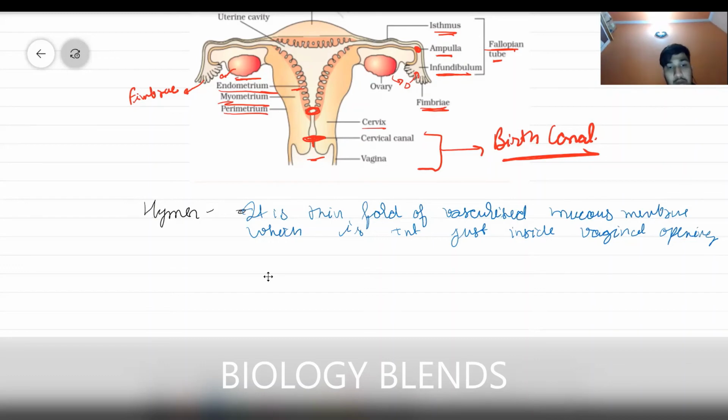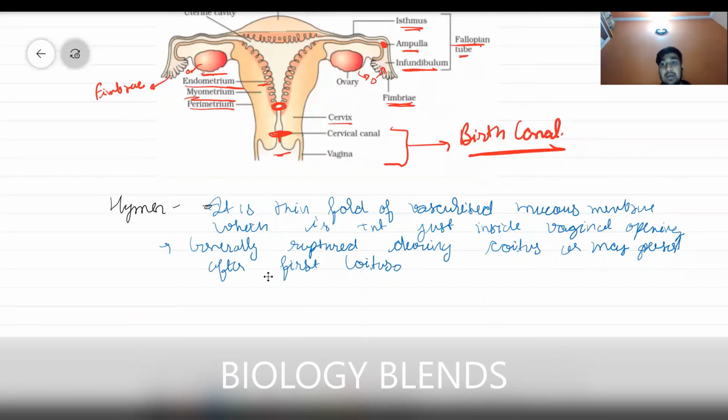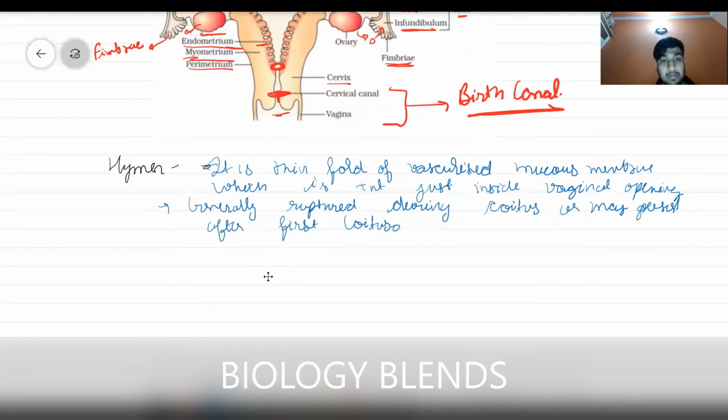It is generally ruptured during first coitus, or may persist after first coitus. It can be ruptured during heavy exercise like horse riding or playing hockey. Coitus is sexual intercourse.